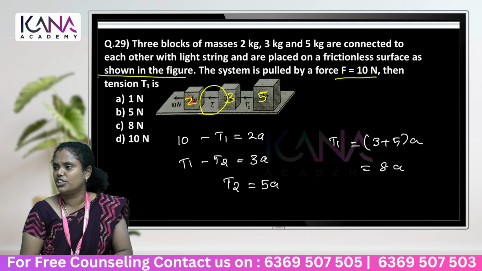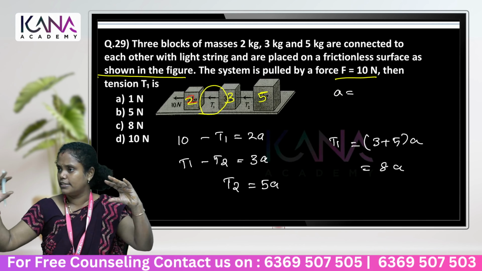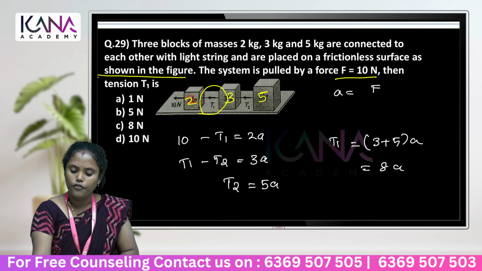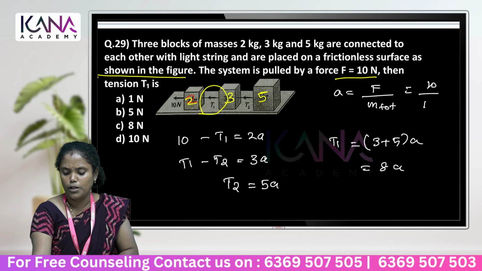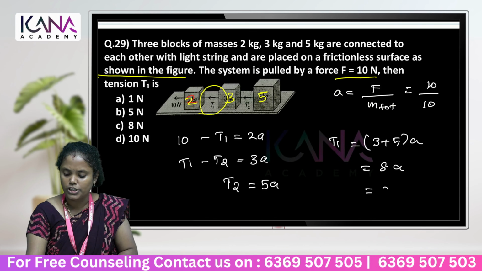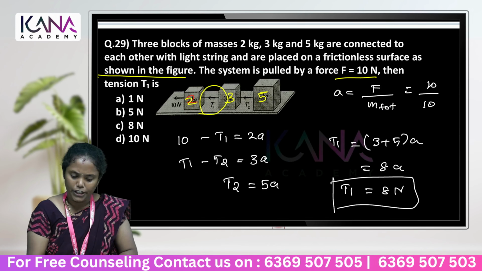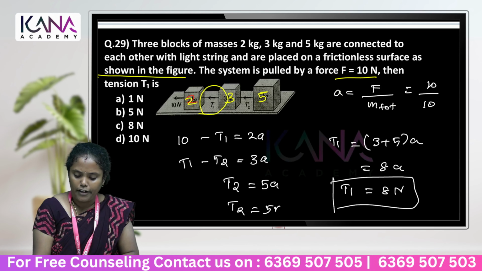What is the acceleration? எல்லா horizontal systemலயும் acceleration என்ன? Force by total mass. Force 10. Total mass 10, 5 plus 3 plus 2. So acceleration is 1. So T1 is 8 Newton. அப்ப T2 என்ன நமக்கு இங்க? What should be T2? T2 is 5 Newton.